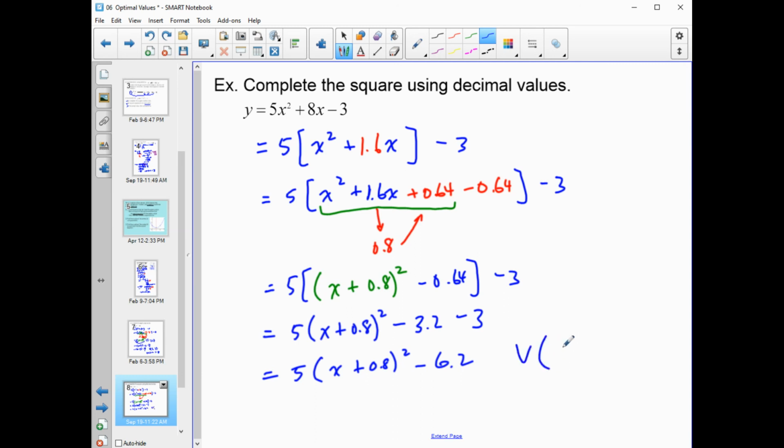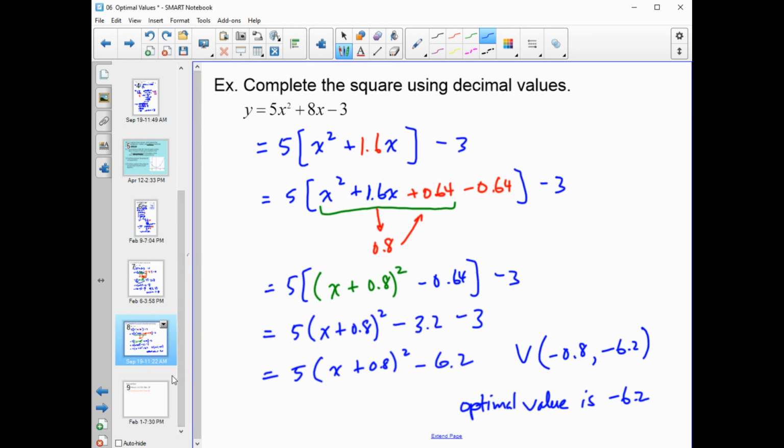We can read the vertex from that. It occurs at -0.8, -6.2. And that y value tells us our optimal value, which is -6.2. And that is the end of this lesson.